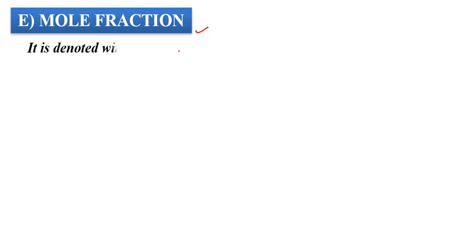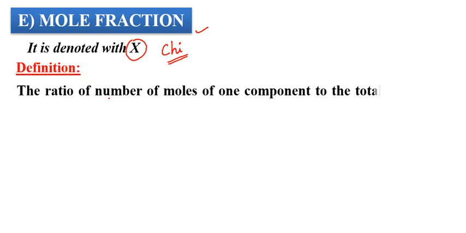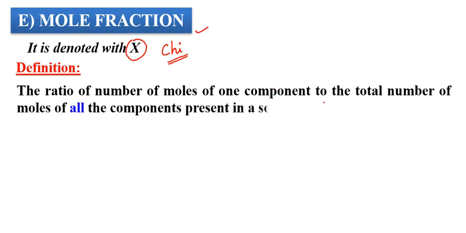Next, mole fractions. It is denoted with X. It's not X, it is called chi. Definition: the ratio of the number of moles of one component to the total number of moles of all the components present in a solution. One particular component's moles upon total moles.